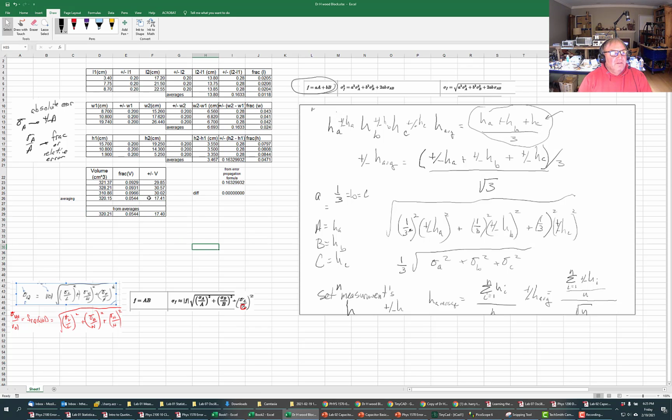We used it here, average of those, divided by the square root of 3, and we got pretty much the same answer. So one thing it shows is you might as well just take the average of the result, because you're going to get the same thing as if you did the volume calculation from the averages of the original measurements.